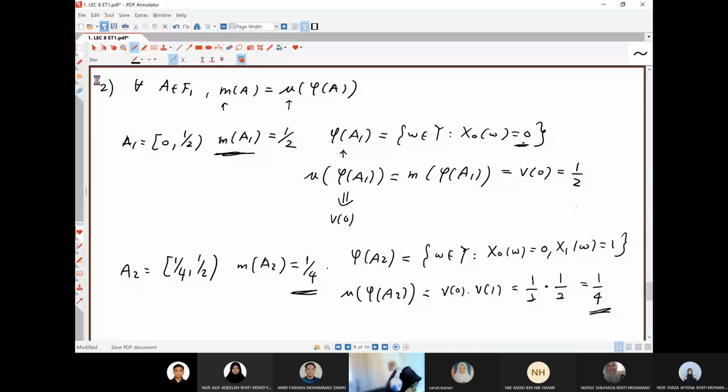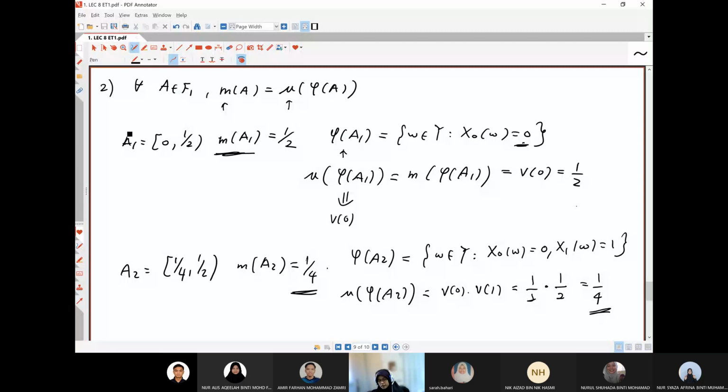Any problem so far? Sekejap doktor nak salin. Okay. Doktor, dan yang V0 dengan V1 tu kita dapat sebab doktor dah define awal-awal tadi kan? Sebab saya dah define awal tadi. Selalunya kalau Bernoulli kita define by that way lah. Dia uniform, maksudnya dia punya probability semua sama.